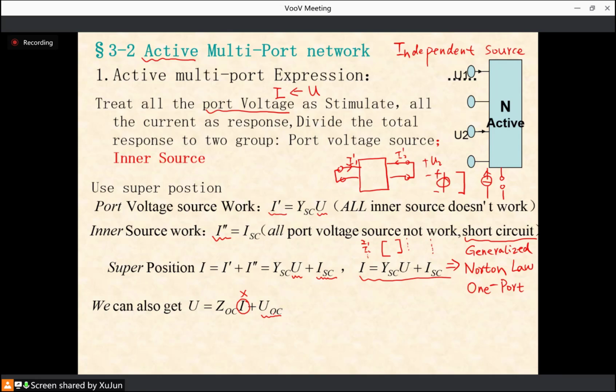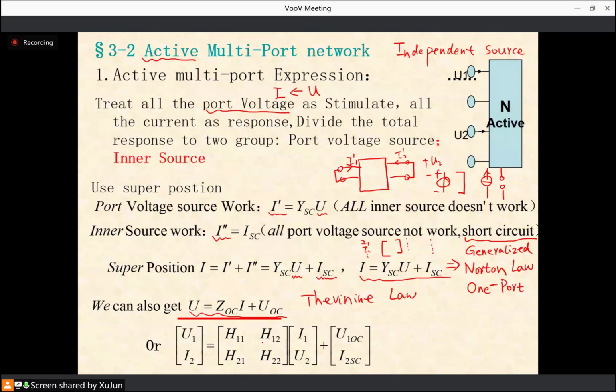So we use the UOC, open circuit, to express. So this function is similar to the Thevenin's law. Actually, this is a generalized Thevenin's law for multi-port network.